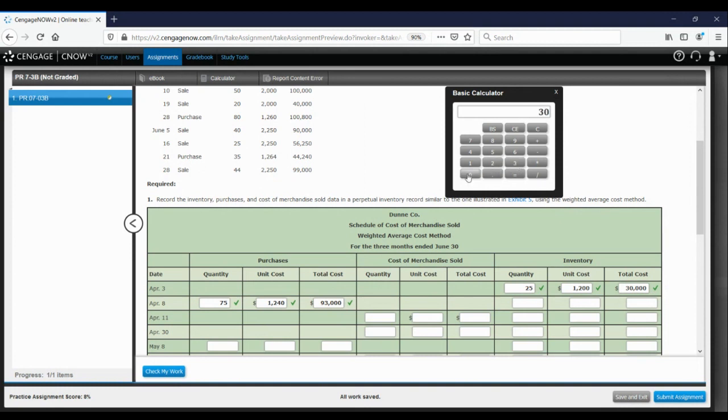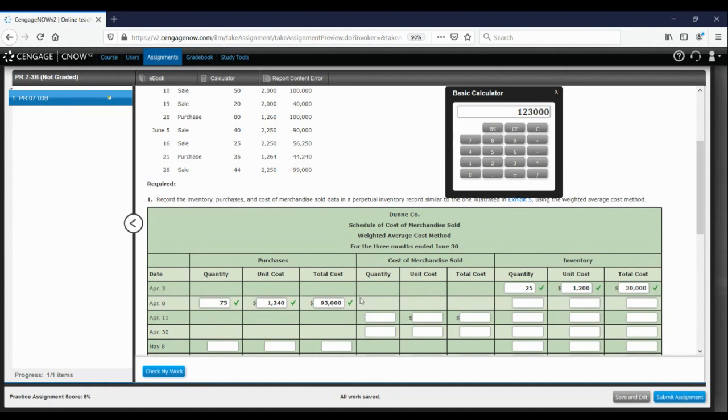I'm going to take my beginning inventory cost, which was $30,000. I'm going to add to that my total cost of my purchase, which was $93,000. And that's going to give me a total cost at this point in time of $123,000.